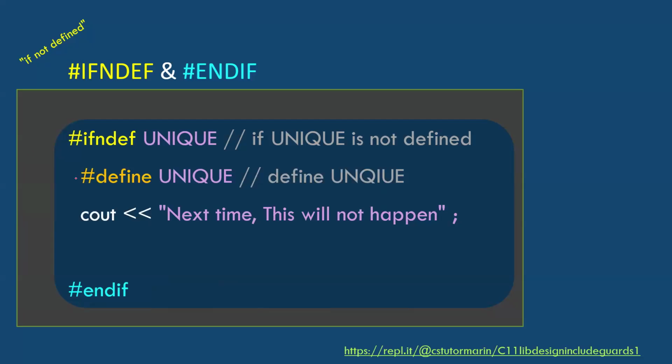So notice I have this defined, and this is my start and end. If I have not seen this before, then go ahead and make it, and then we'll print this, but next time somebody tries to include this file, maybe a second time, it's not going to do that.